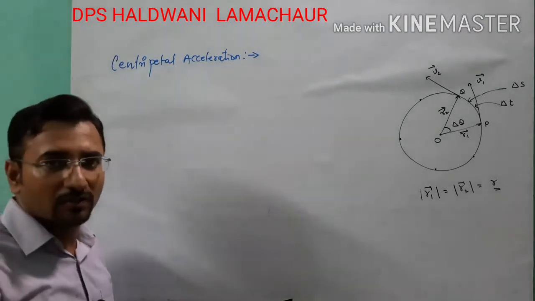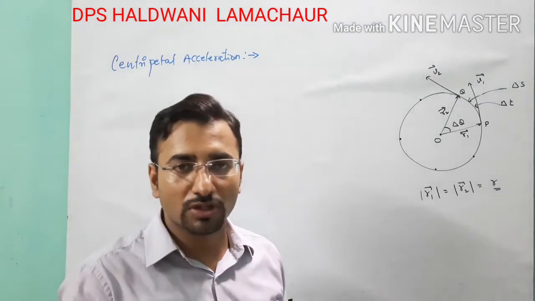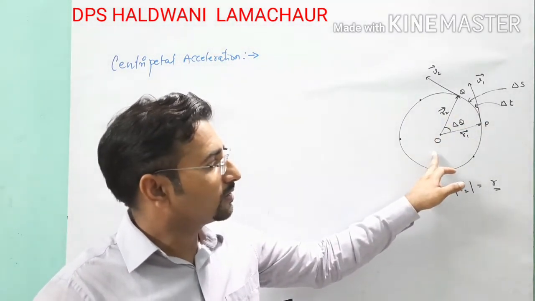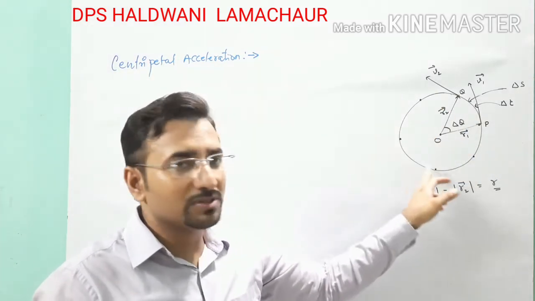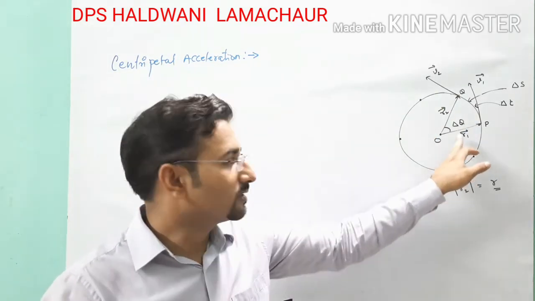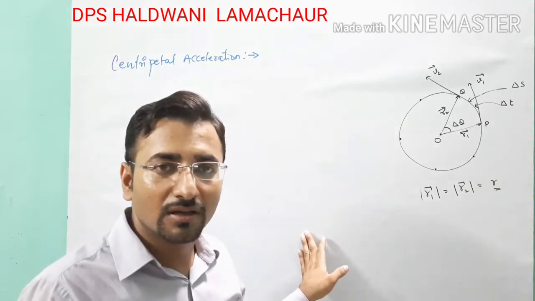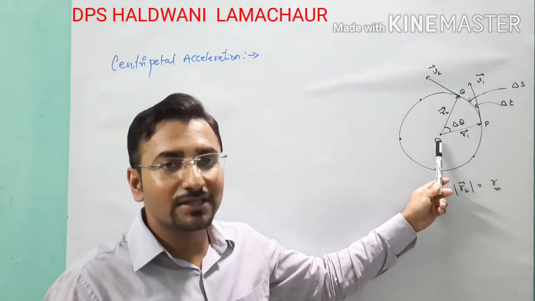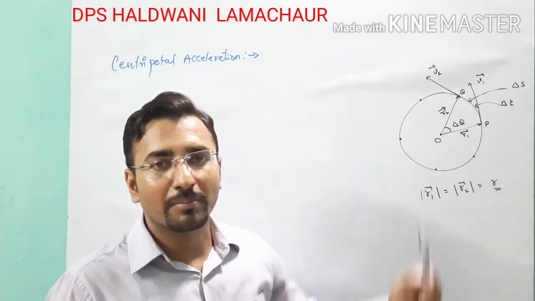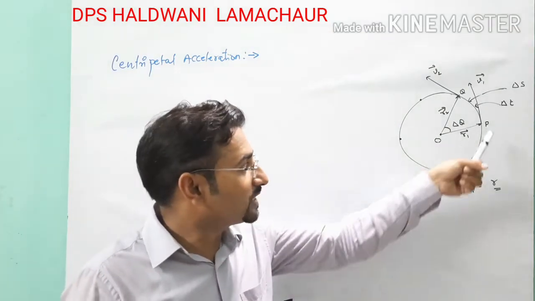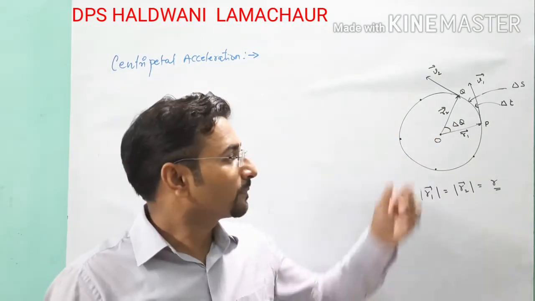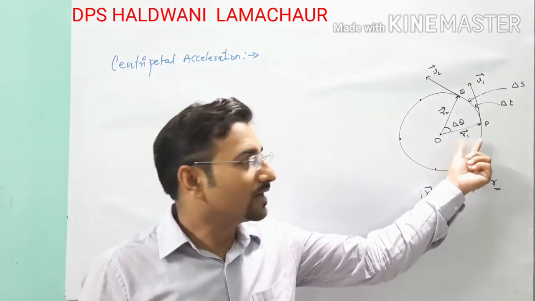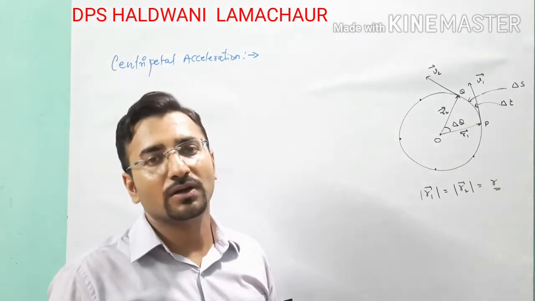Centripetal acceleration: when the object is in uniform circular motion, that time the acceleration of the body due to its uniform circular motion is called centripetal acceleration, and the direction of the centripetal acceleration is toward the center of the circular path in which the object is moving with uniform speed, or you can say with a constant speed and a constant angular velocity.